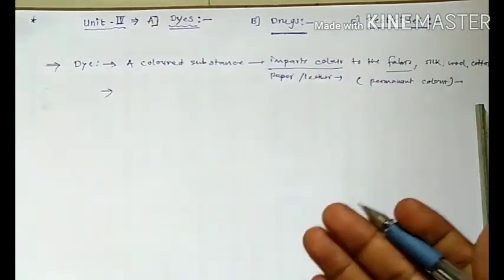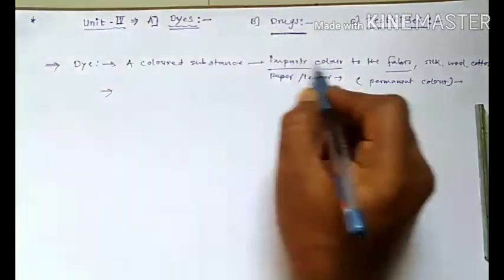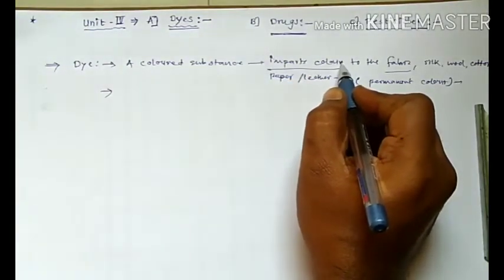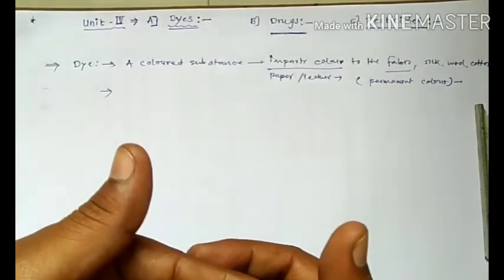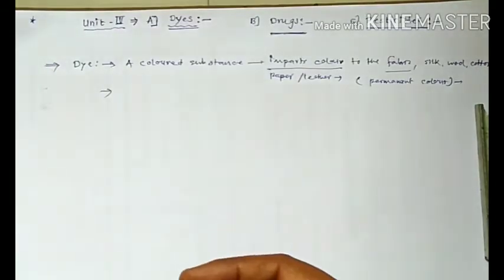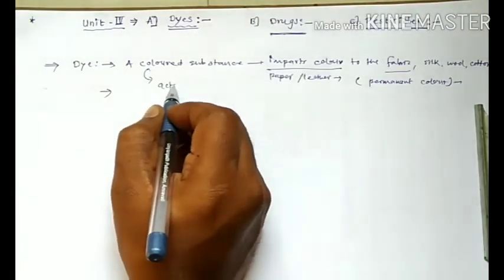It gets fixed to the fabric by formation of a stable chemical bond, and it imparts color to the fabric because of the presence of the chromophore. So now there are two necessary conditions for any colored substance to act as a dye.